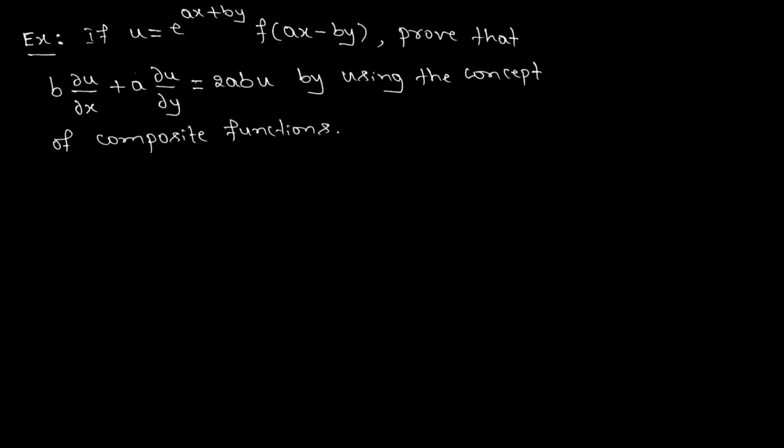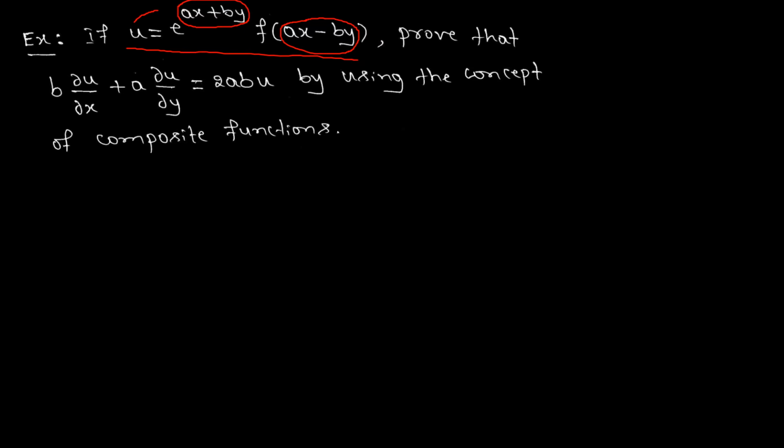In this question, u is equal to e to the power ax plus by into f of ax minus by. Here it is clearly visible that u depends on ax plus by and ax minus by.